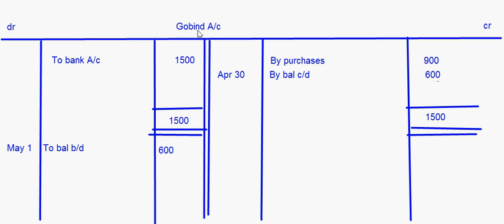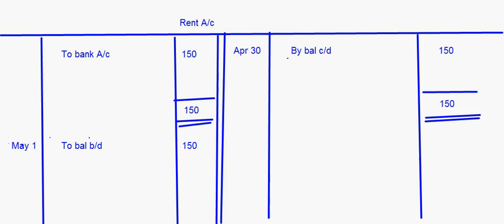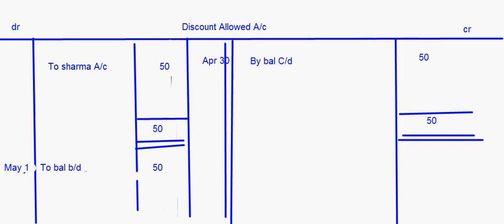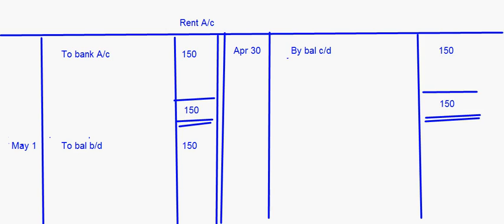Govind account also has a debit balance and the amount is 600, right? So here you will write the 6th one, this is Govind account and the amount is a debit balance of 600 rupees, right? Okay, so you have done Govind account.